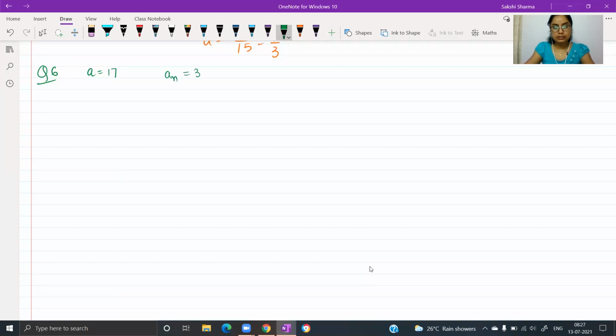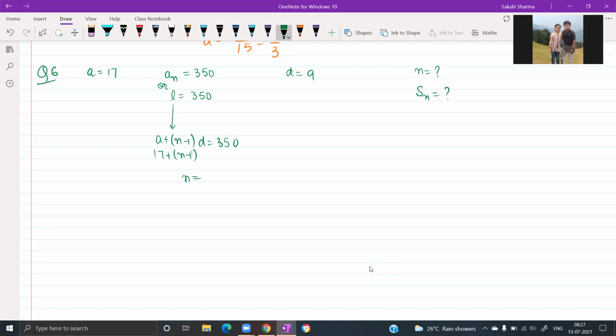The last term is 350, or you can represent it with L, your choice. Common difference is 9. We have to find out n, we have to find out S. So starting with the last term, apply the formula a plus n minus 1 times d. The value of n comes out to be 38.